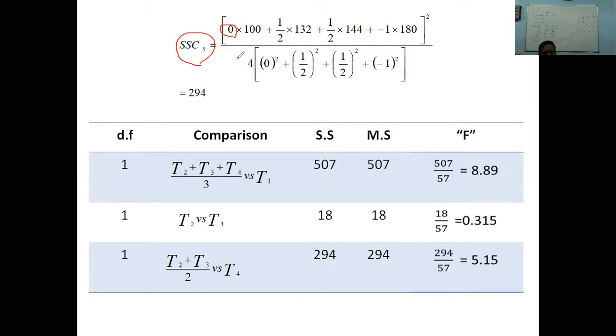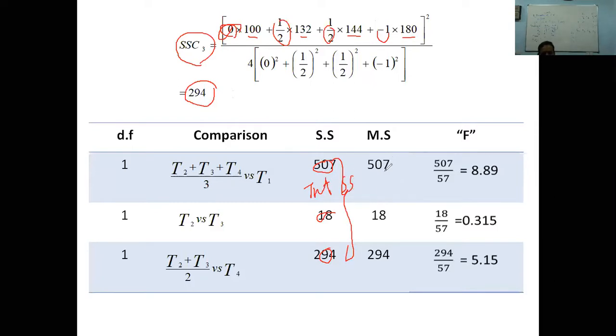When you calculate the contrast sum square, the treatment total remains the same. Only difference is you change the coefficient values based on what contrast you are talking about. So here it is 294. Add all these three values: the first sum square, second sum square, and third sum square. If you add all these sum squares, it is equal to the treatment sum square value.